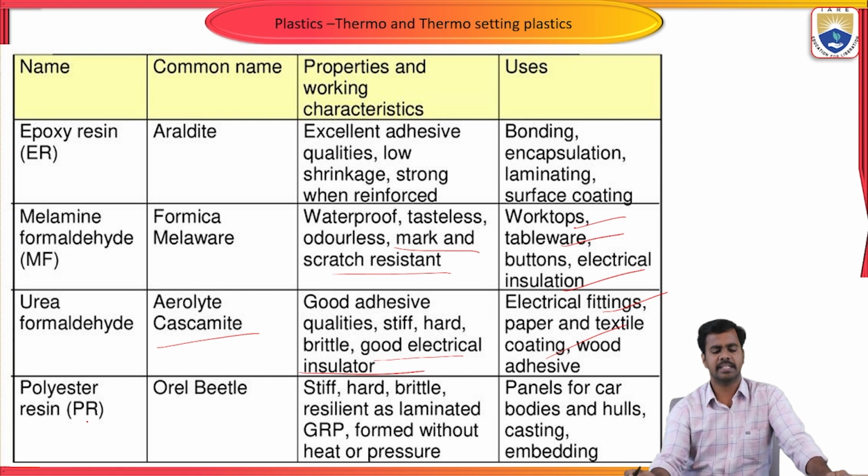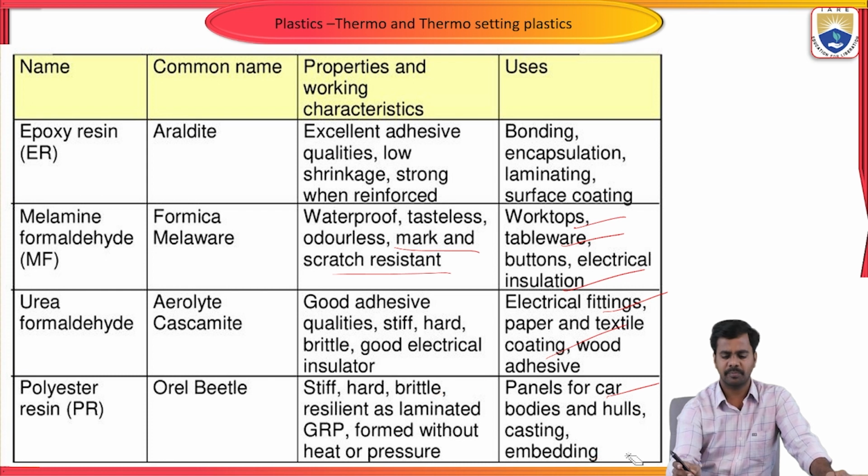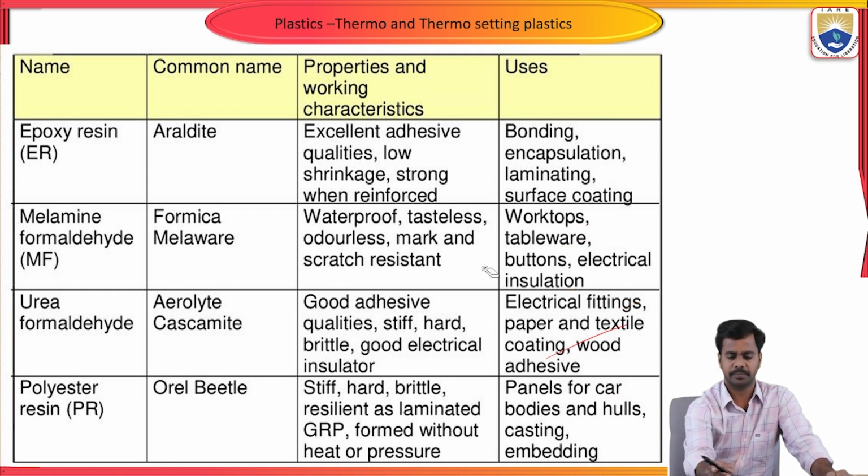Common name for PR is Oldbrittle. Coming to the properties of PR: stiff, hard, brittle, resilient as laminated GRP, and formed without heat and pressure. Coming to the uses, polyester resins are used for panels for car bodies and hulls, casting, and embedding. So these are some thermosetting plastics.